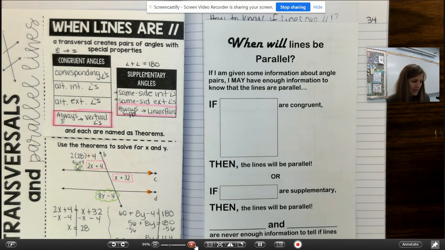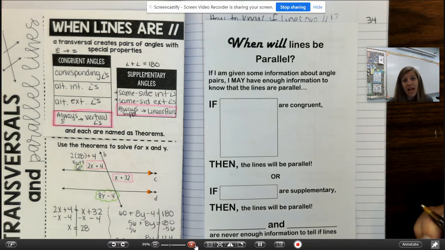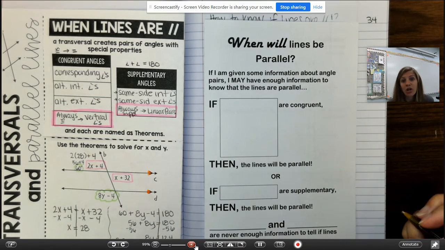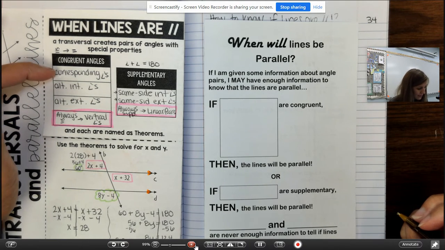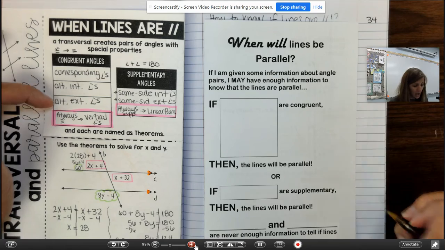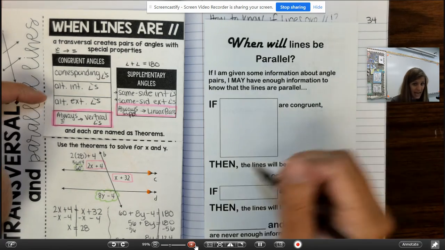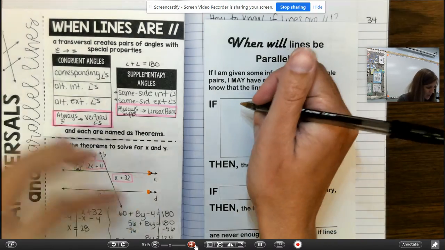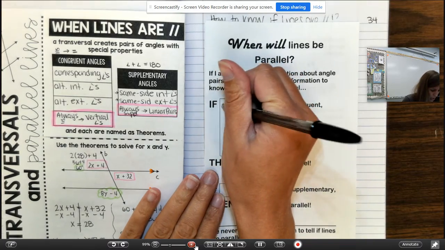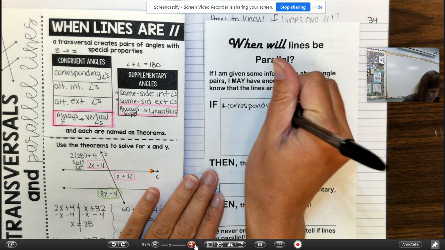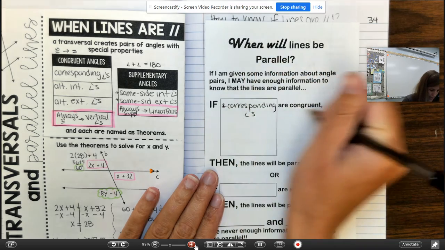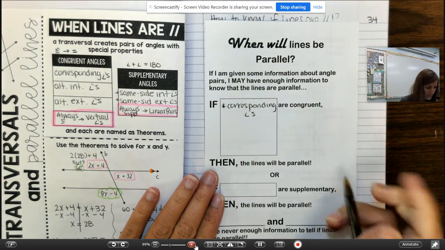If I'm given some information about some angle pairs, I may have enough information to know for sure that the lines are parallel. We kind of talked about this already, like over here. If some of these angle pairs are congruent, then our lines will be parallel. So if I know that corresponding angles are congruent, then I know the lines are parallel.